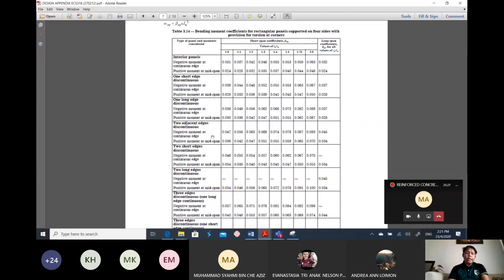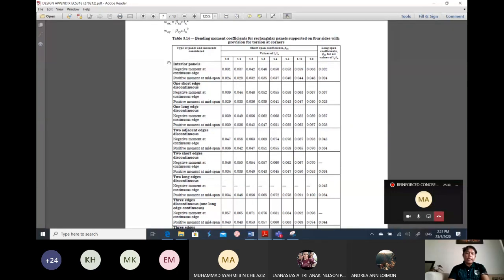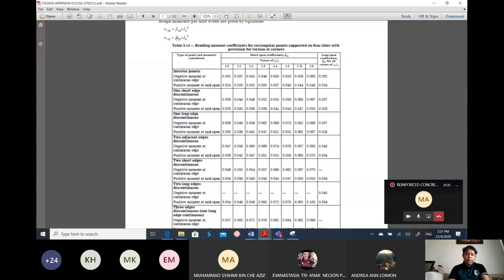So this will become beta SX1, the positive. This will become beta SX2, the negative. Here will become beta SY1, here become beta SY2.